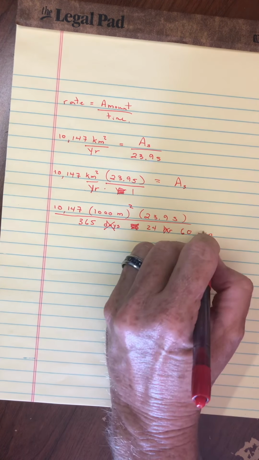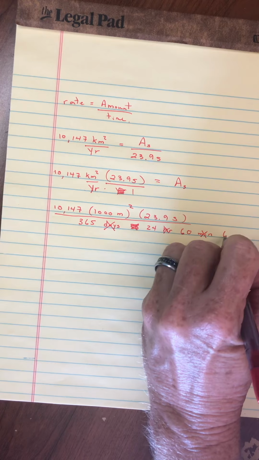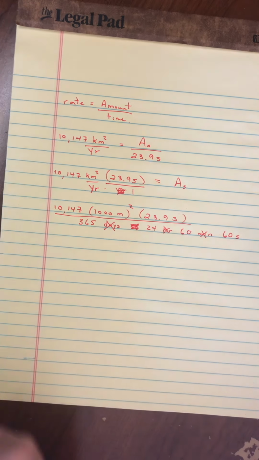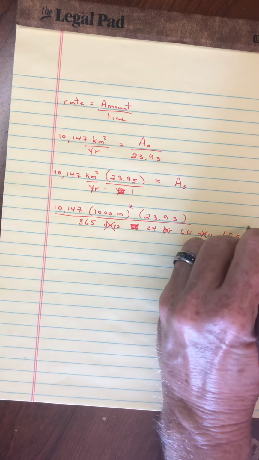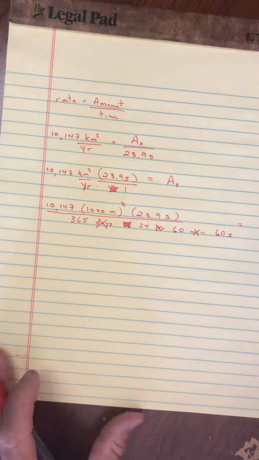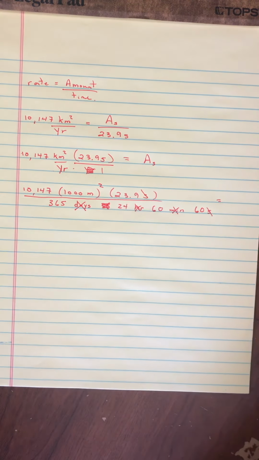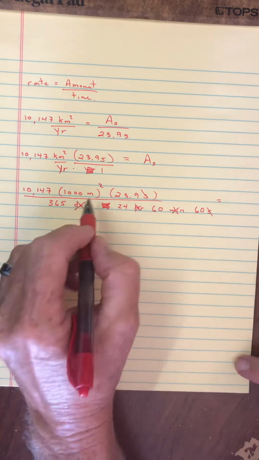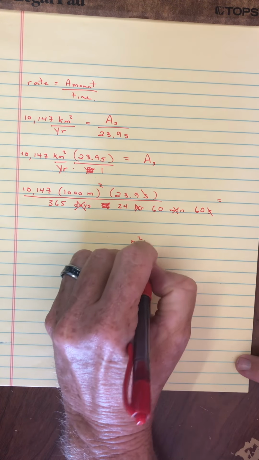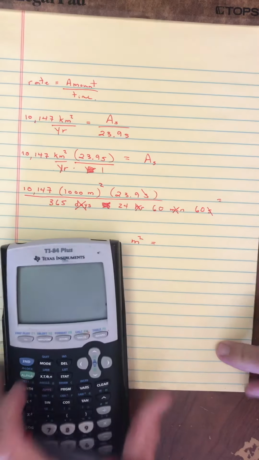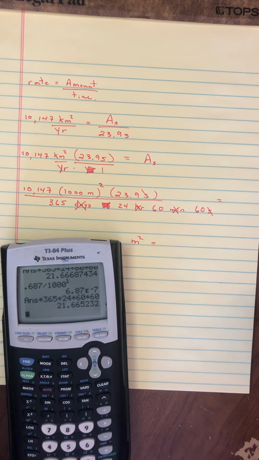No, direct substitute. A minute is equal to 60 seconds. And so I would get seconds in the bottom and seconds in the top, and then square meters, then a bunch of numbers to mess with. And so that's what makes it harder, messing with all these numbers.